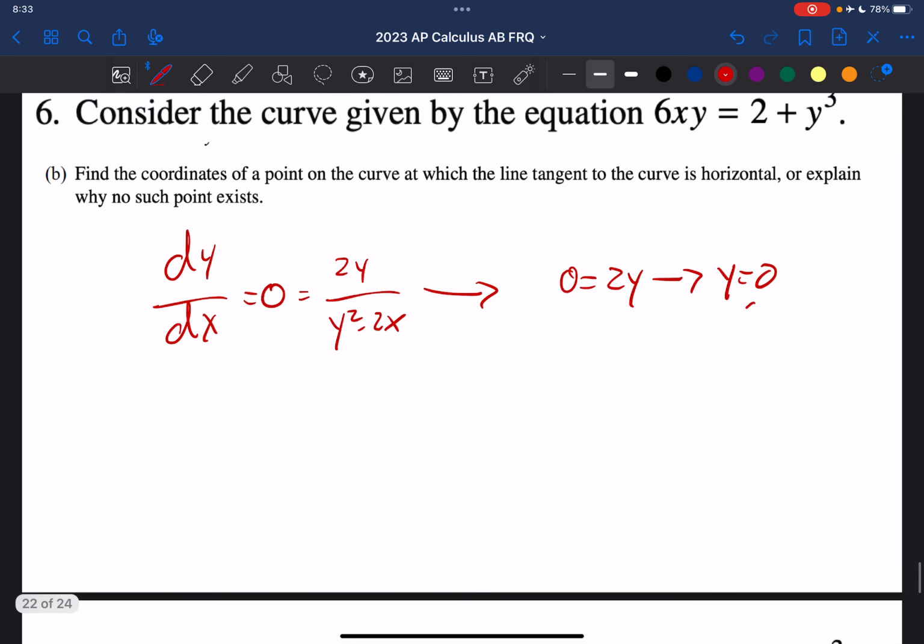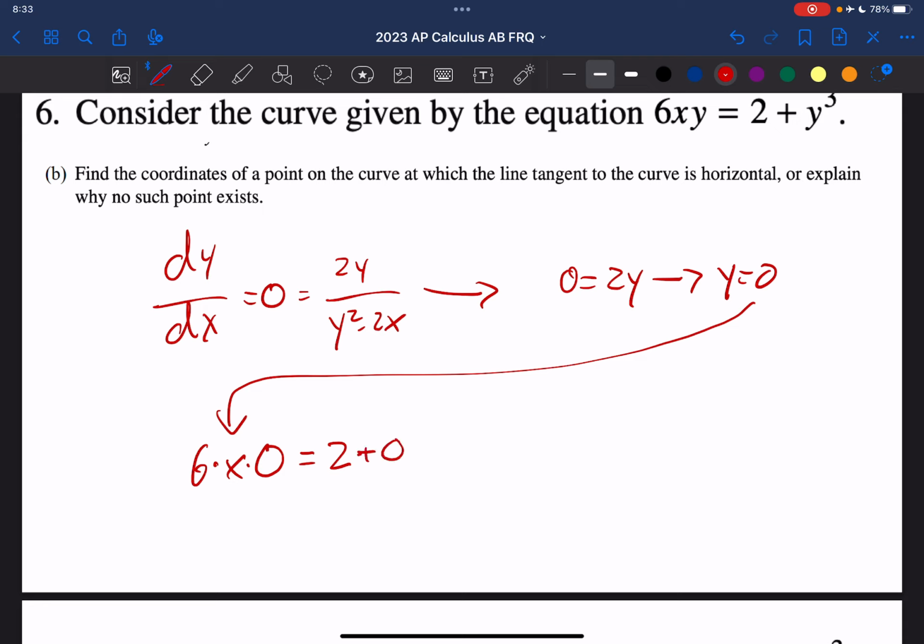Now we're going to plug that in to our original problem. So 6 times x times 0 equals 2 plus 0 cubed.